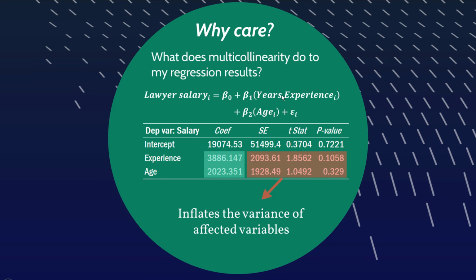And that might be surprising, right? You'd think that surely years of experience is going to affect your salary. Same with age. But it's almost like these two variables are fighting for the effect on salary, and they're kind of getting in each other's way because they're moving in the same direction. So the regression's having a tough time teasing apart beta 1 and beta 2, so these standard errors get blown out.